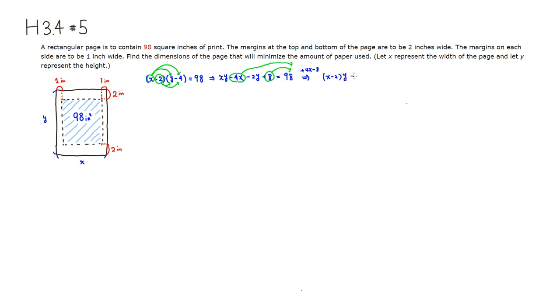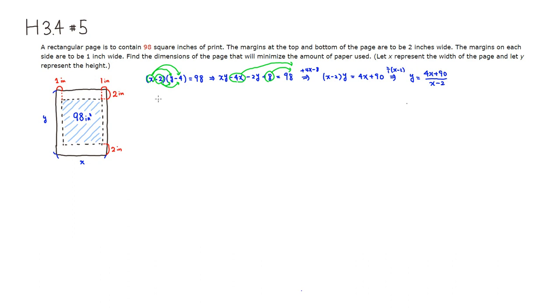I just pulled the y out. And then we are adding 4x, and 98 minus 8 would be 90. Then I can just divide through by x minus 2 to get y. So y is going to be (4x plus 90) over (x minus 2). Right? So that's y.